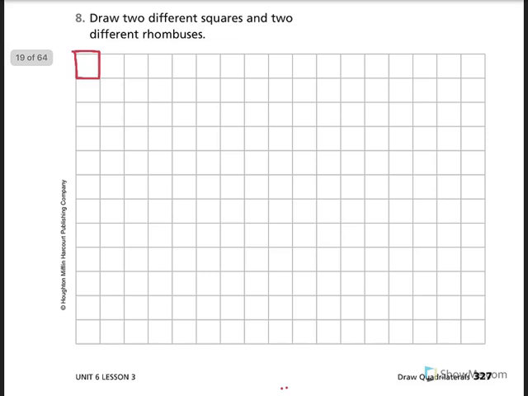And this one, I want you to think about why it's still a square. I know it's a little funky on this corner right here. I'll try to fix it for you. Like that. Right there. Okay.